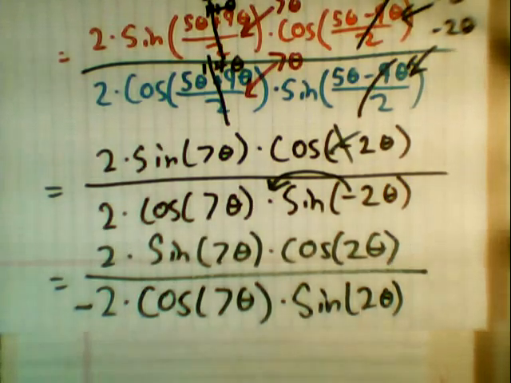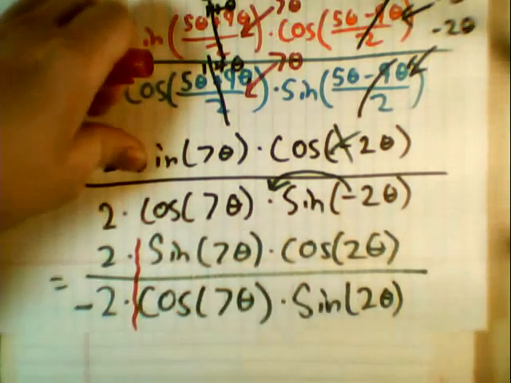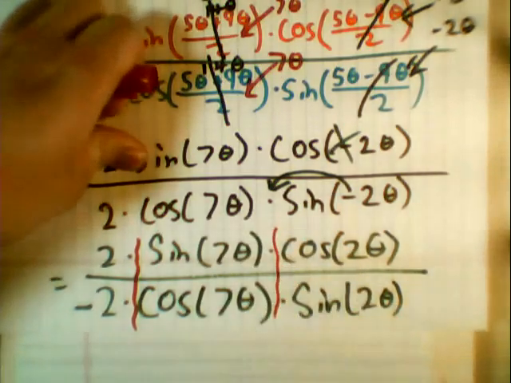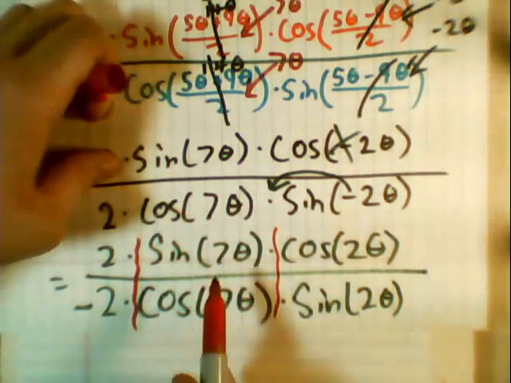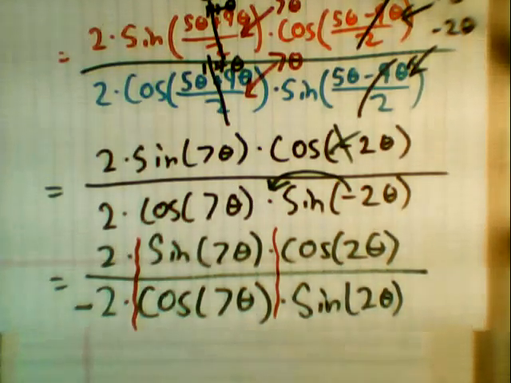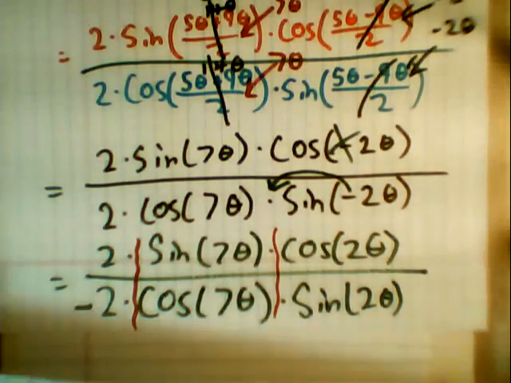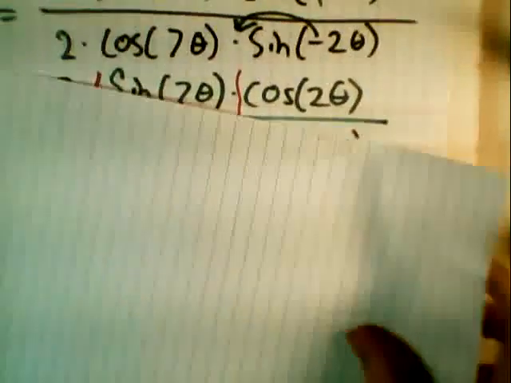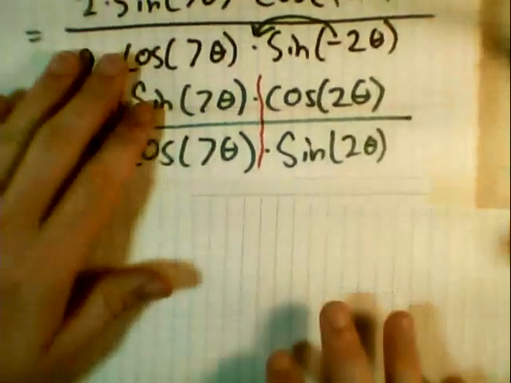Now let's split all of that up and break this into a fraction, because these both have the same inners, 7 theta, and these both have 2 theta. So we'll end up with 3 fractions that are multiplying by each other. I'm going to get a new piece of paper.